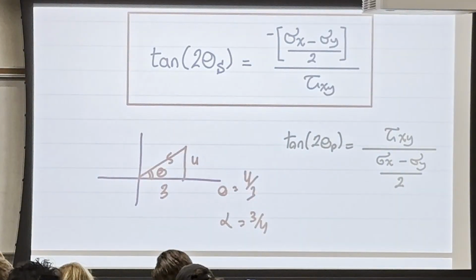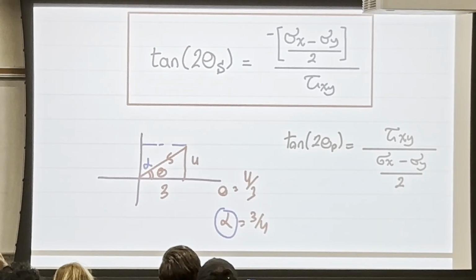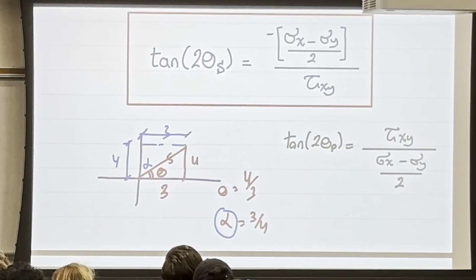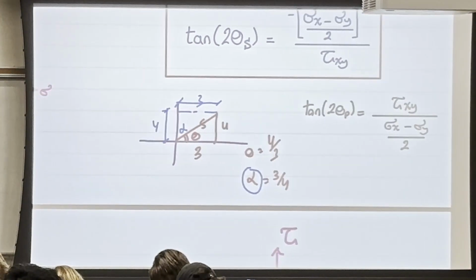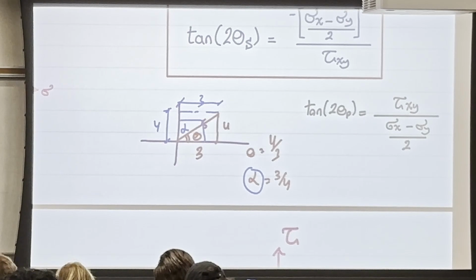This triangle now, or this alpha, is going to be here, because you basically took this 3 over 4. The point that I'm trying to make here is that the theta and the alpha, they both make 90 degrees with each other. So one of them is 90 minus the other. Do you see it?